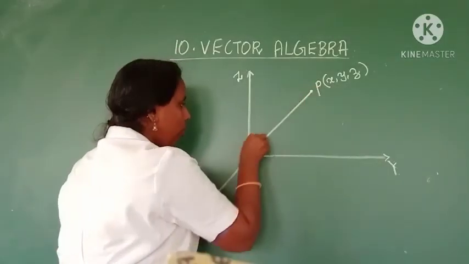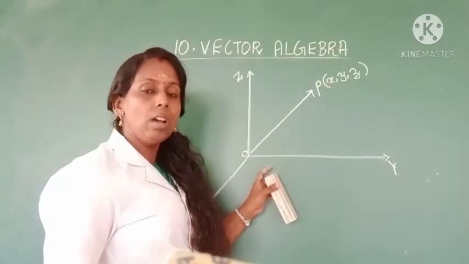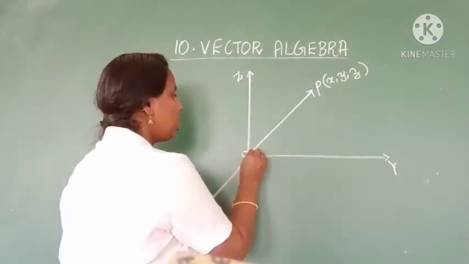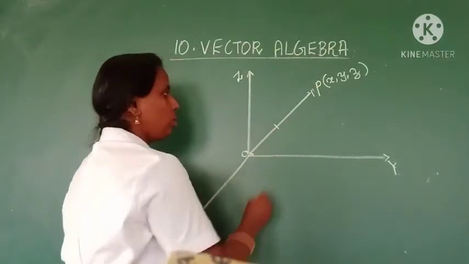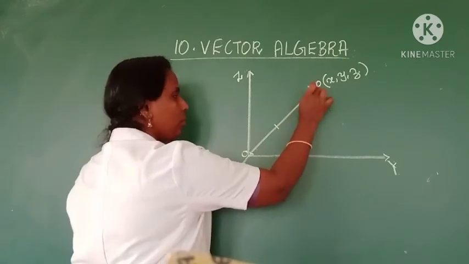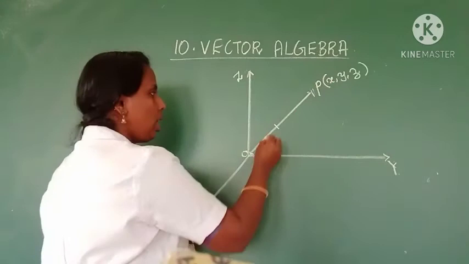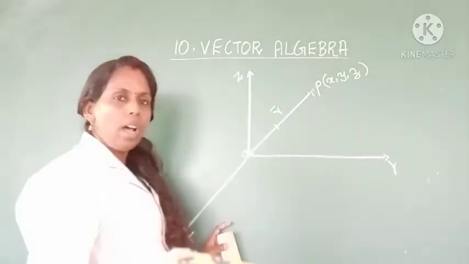Now draw a vector OP. What kind of vector is OP? A position vector, because vector OP starts from the origin. So this is the position vector of point P with respect to the origin, and position vectors are often denoted by vector r.